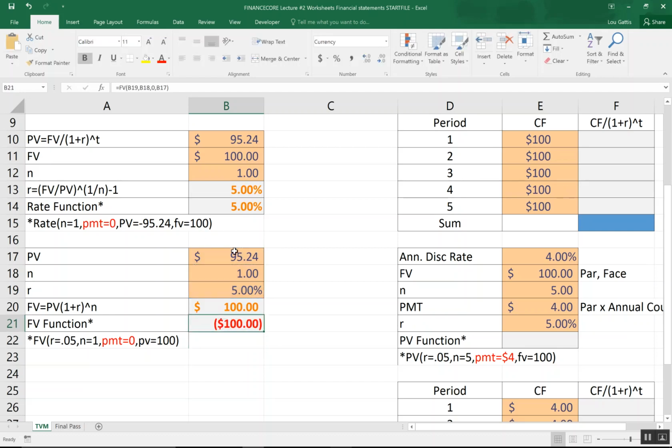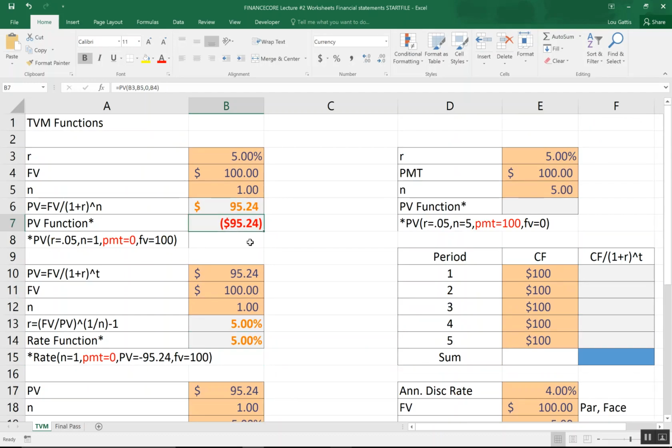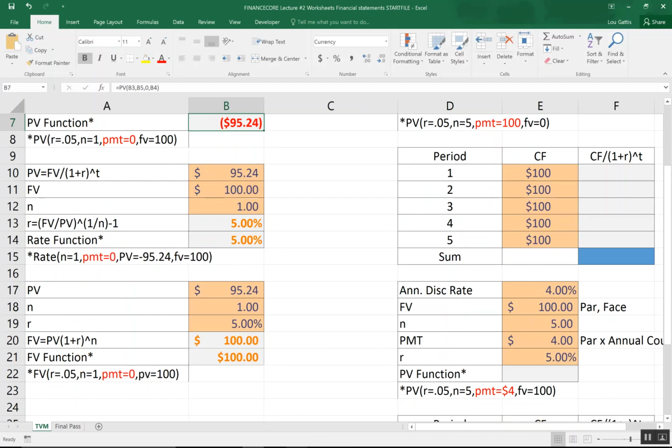And it's going to give me a negative $100 answer. If I wanted to change the sign of that, I could put in a negative present value of $95. How much will I have in 1 year? And the answer would be 100. So these are using Excel formulas and also using Excel's built-in functions, PV, rate, and FV.